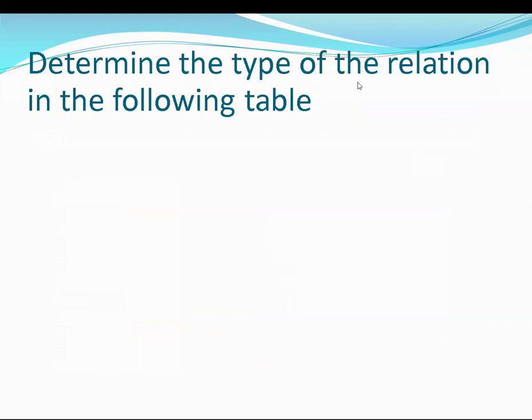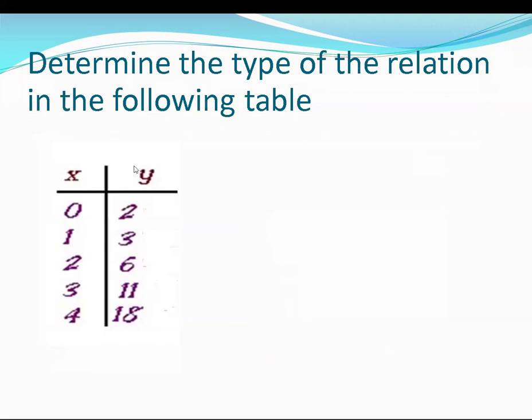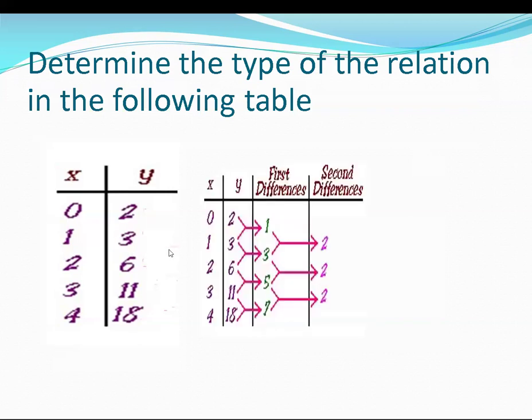Now determine the type of the relation in the following table. x equals 0, 1, 2, 3, 4; y equals 2, 3, 6, 11, 18. First difference: 3 minus 2 equals 1, 6 minus 3 equals 3, 11 minus 6 equals 5, 18 minus 11 equals 7. Not equal, not constant.